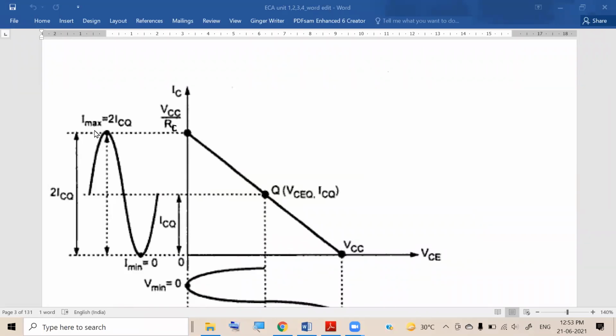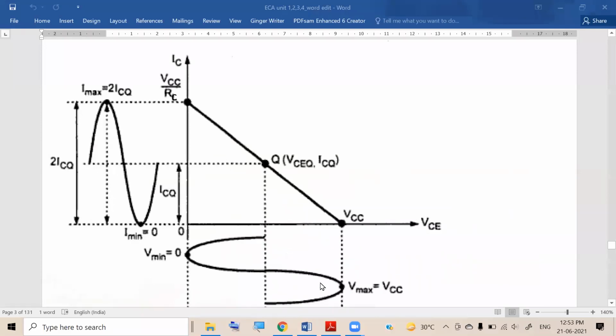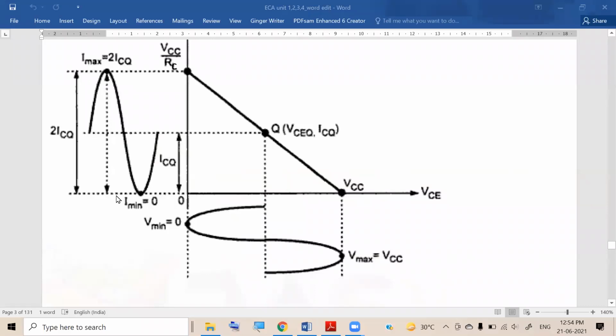It is usually represented by Im for current and Vm for voltage. Now, from here to here it is Imax minus Imin, so from here to here, it will be what?